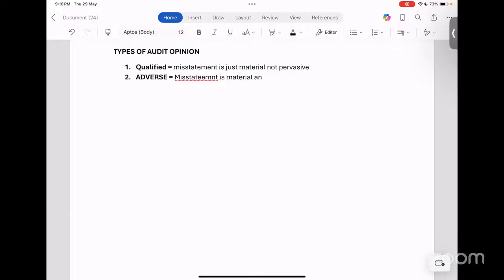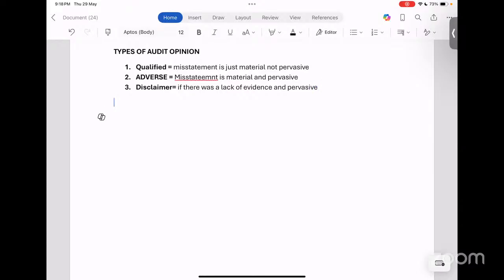Then we have the disclaimer of opinion, which is basically if there was a lack of evidence and it was a pervasive lack.